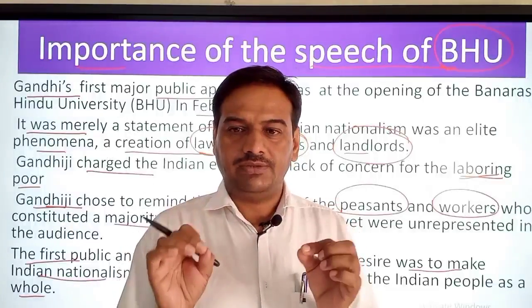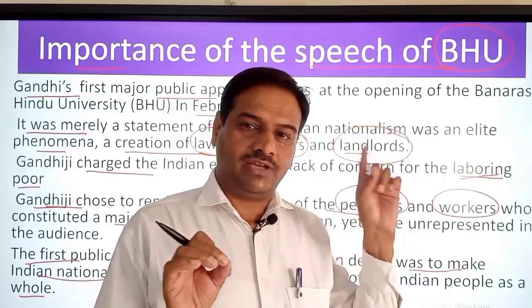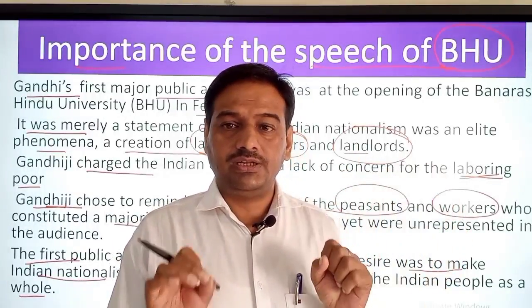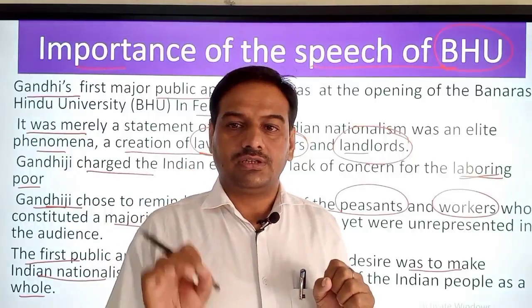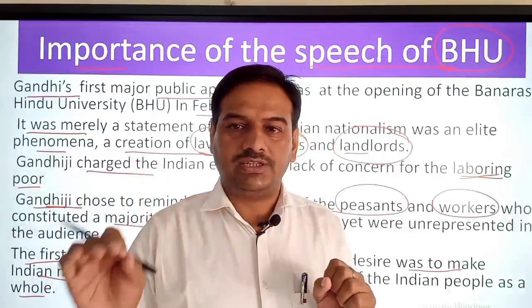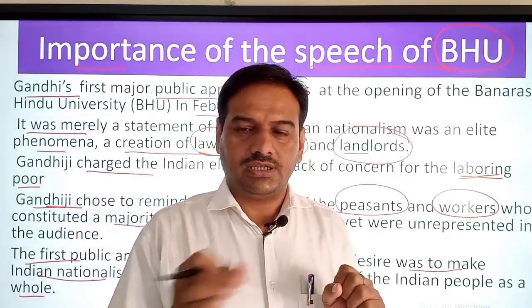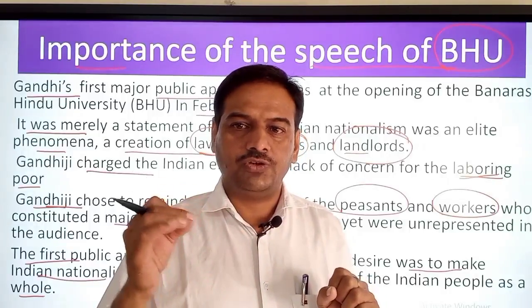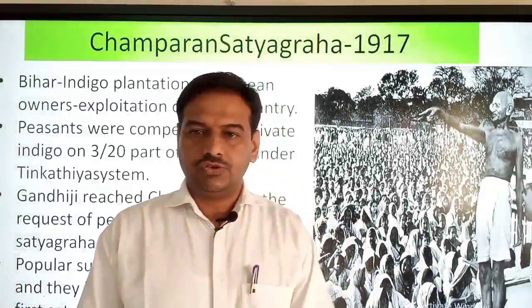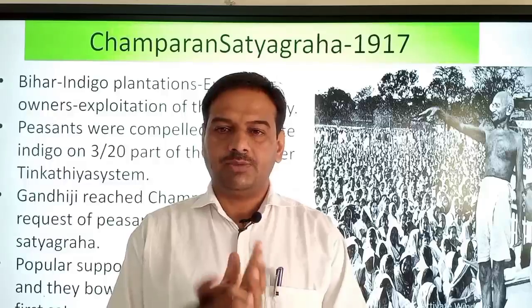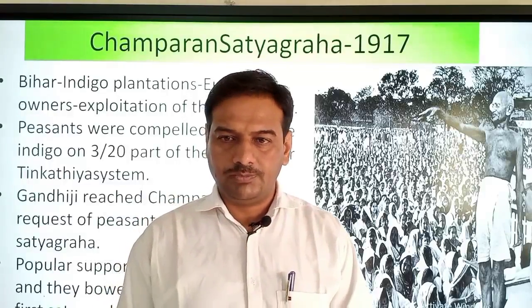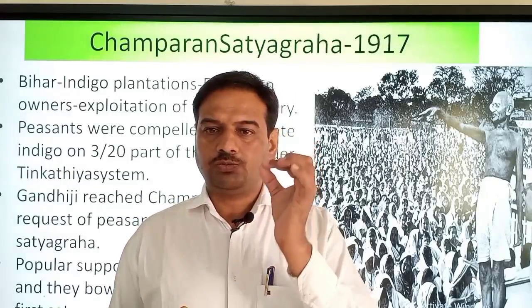And he blamed the leadership available there, who were from the elite class. They were responsible for these people not coming to that gathering at the time of the opening of BHU.